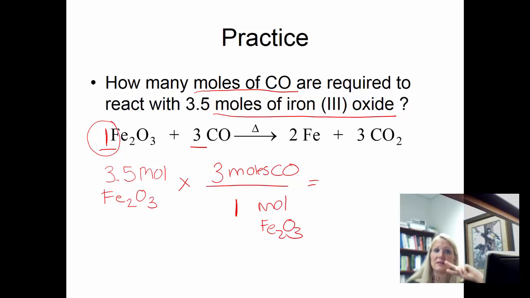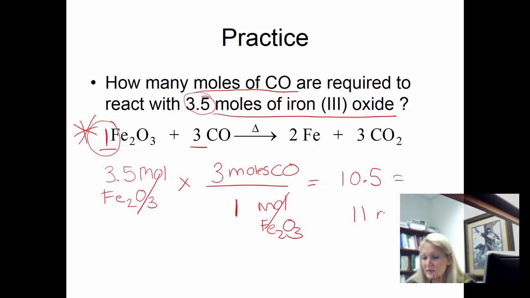If I plug it in opposite, the answer is going to be wrong because my units will not cancel. So I get the 3 and the 1. These numbers come from the balanced equation here. 3.5 times 3 equals about 10.5. Since we start with 2 significant figures, that's our measured number, so we need to round that up.